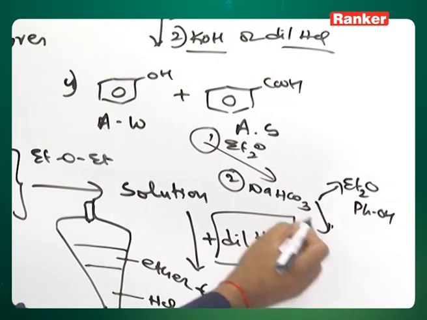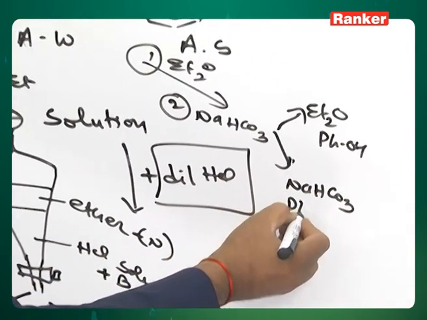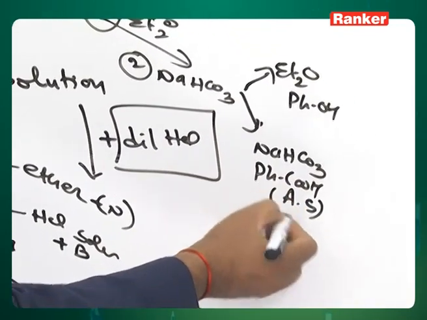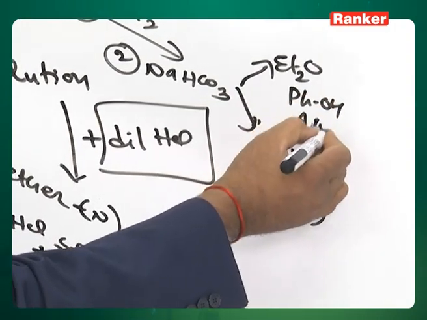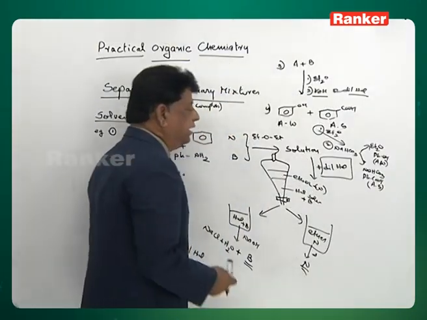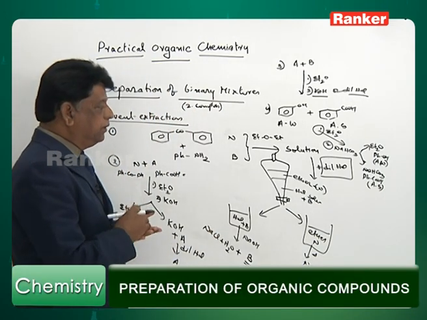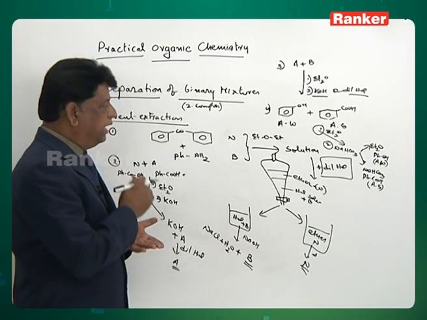In the bicarbonate layer, the benzoic acid will come. So, the strong acid will come into this one, and the weak acid will be left over in the ether. The strong acid is extracted by the bicarbonate, because though bicarbonate is weak, our acid is strong, therefore it dissolves and comes here.